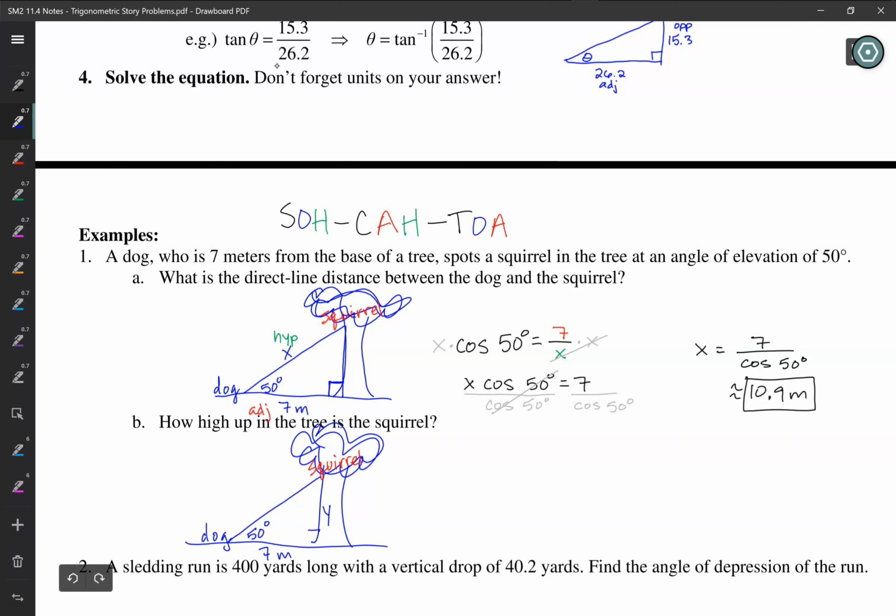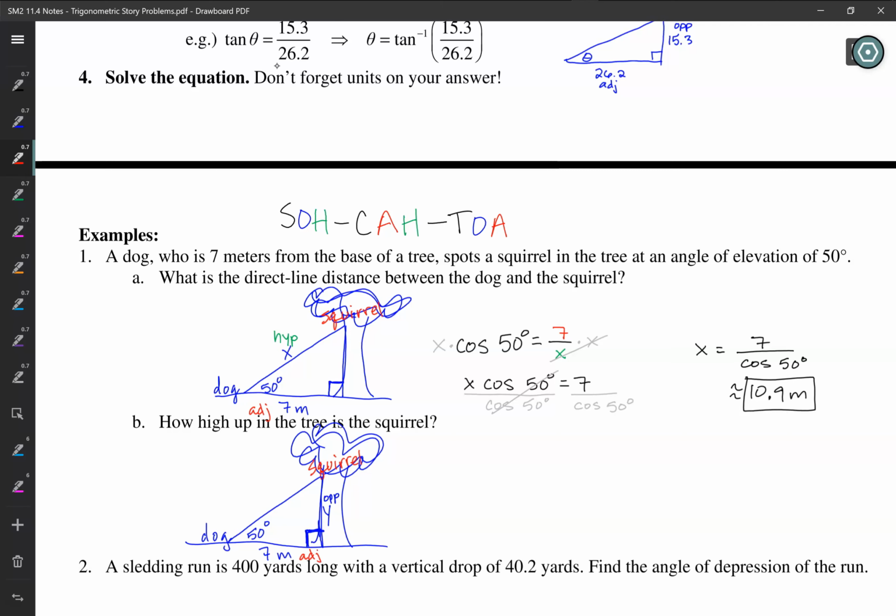And again, my right angle is over here. So this time, as I'm looking at my sides, y is across from the 50 degrees, so that's opposite, and the 7 is still adjacent.